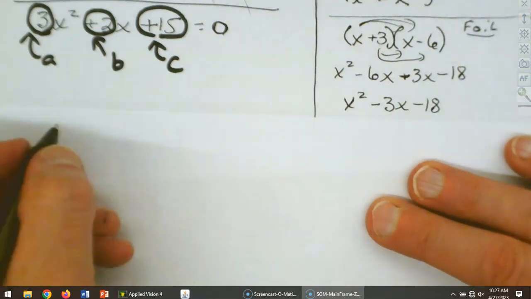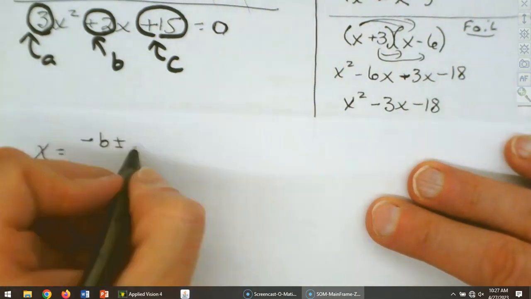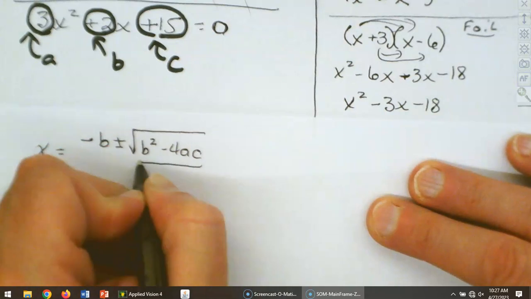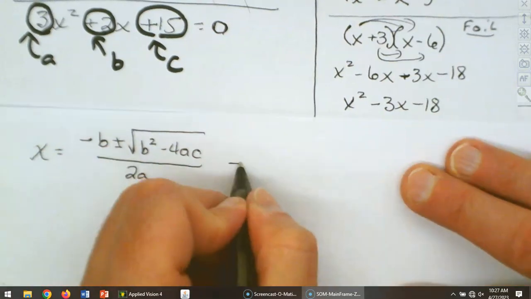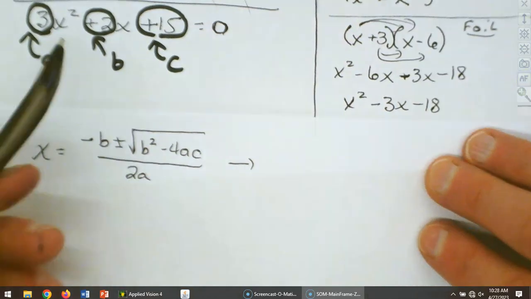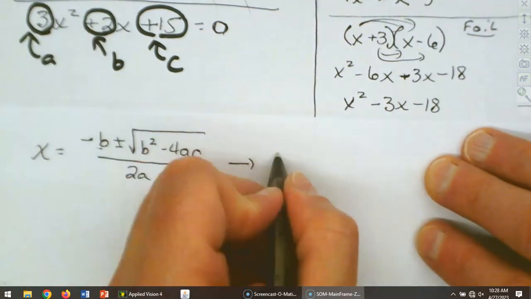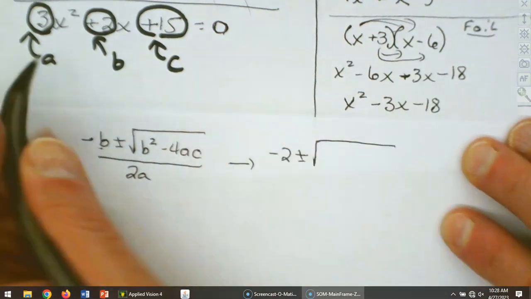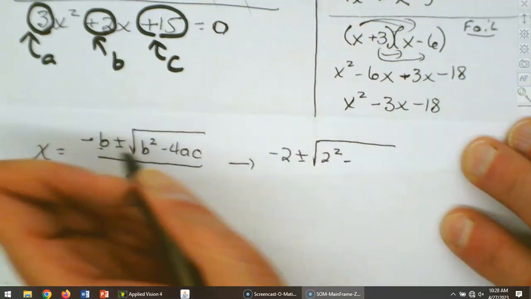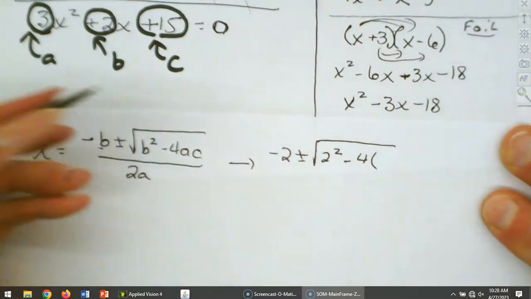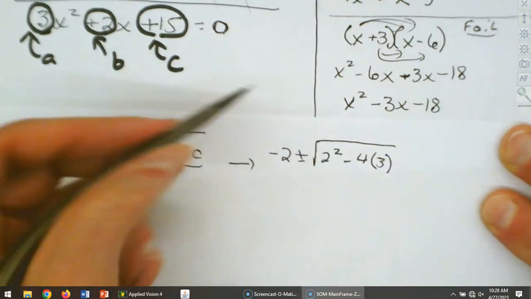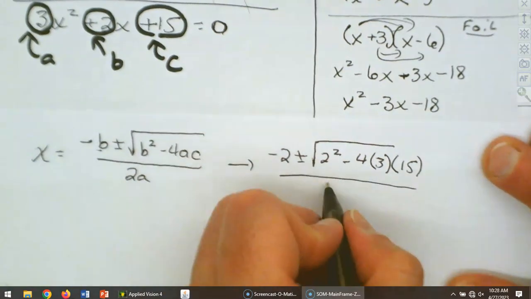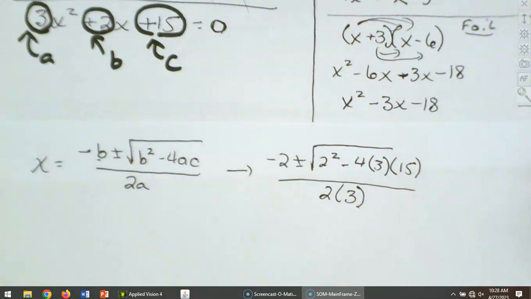And that's x equals negative b plus or minus the square root of b squared minus 4ac all over 2a. And we're going to be careful when we plug our values in. We need a negative b, so that's a negative 2 plus or minus the square root of 2 squared minus 4 times a, which is 3, times c, which is 15, and that's all over now 2 times the 3 there.